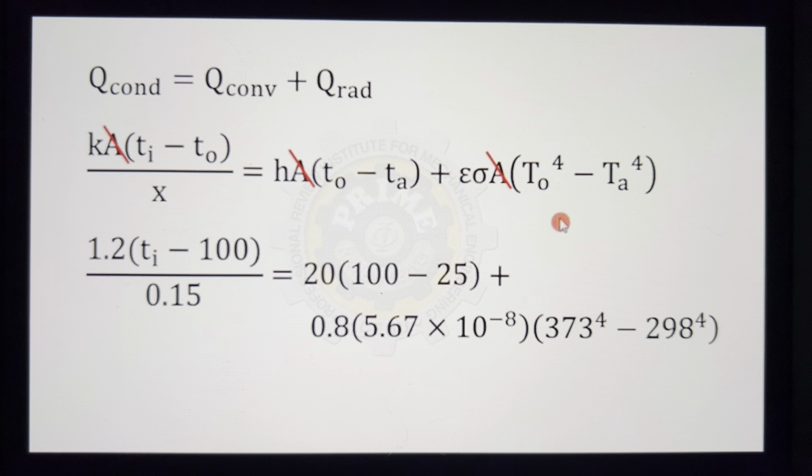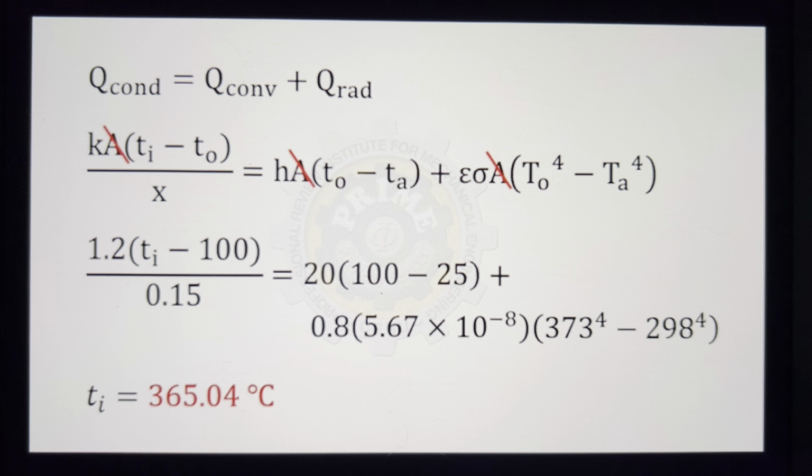So do not forget to make it absolute. Basta Q due to radiation. Then minus yung 25 Celsius na ambient air plus 273, that is equal to 298 degrees Kelvin. Then raised to the power of 4. Okay, so ito yung equation natin. Then yung unknown is only the temperature ng inner surface ng wall. So therefore, using your calculator, masasolve natin yung Ti, which is equal to 365.04 Celsius.